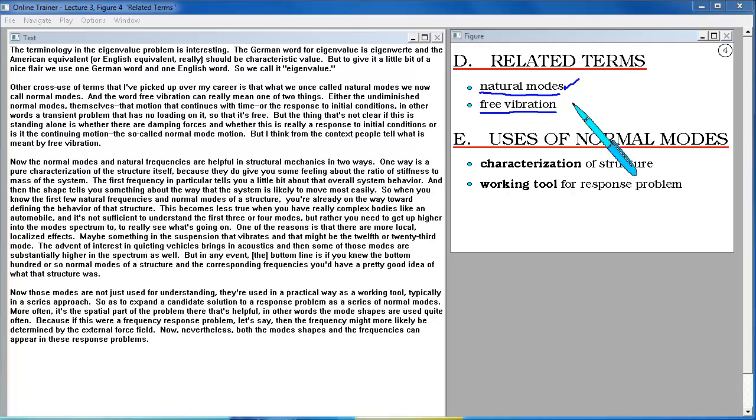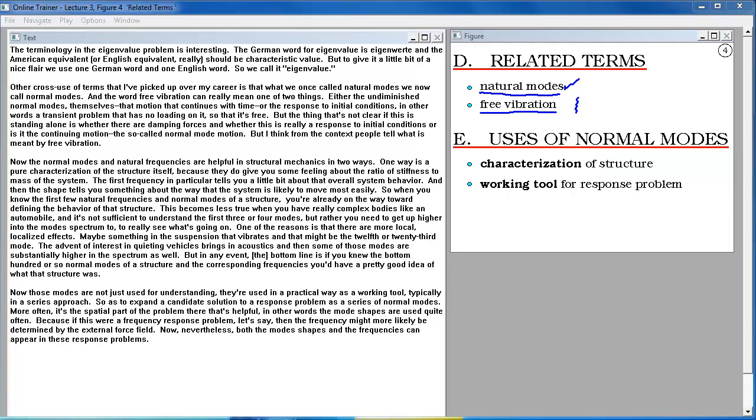In other words, a transient problem that has no loading on it so that it's free. But the thing that's not clear if this is standing alone is whether there are damping forces and whether this is really a response to initial conditions, or is it the continuing motion, the so-called normal mode motion. But I think from the context, people can tell what is meant by free vibration.